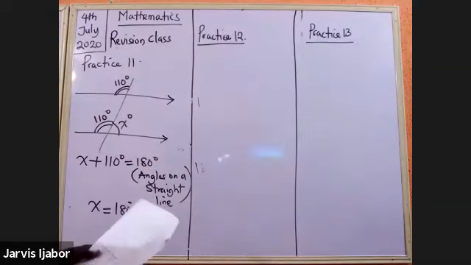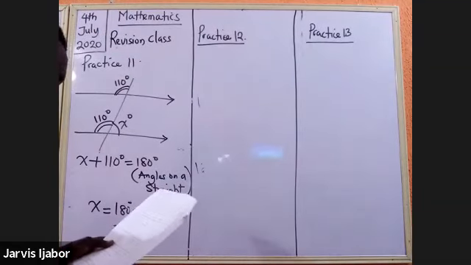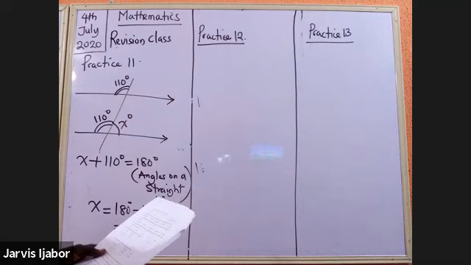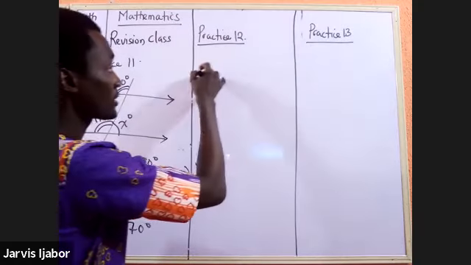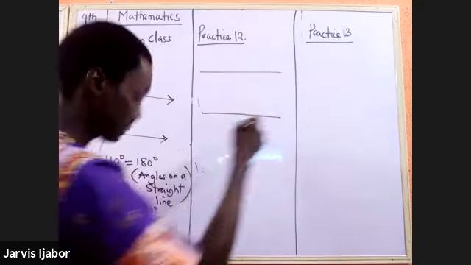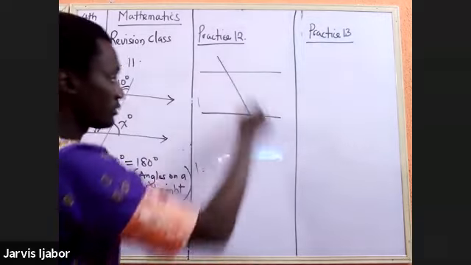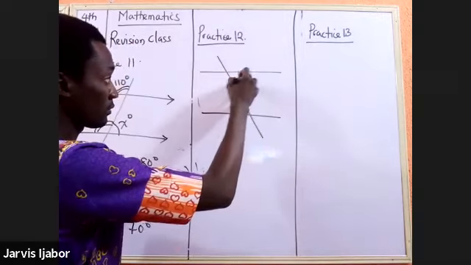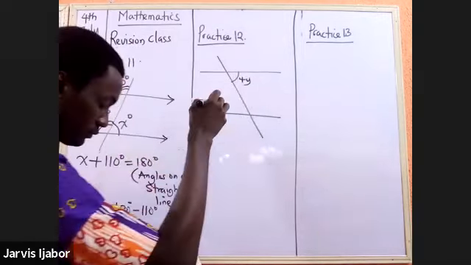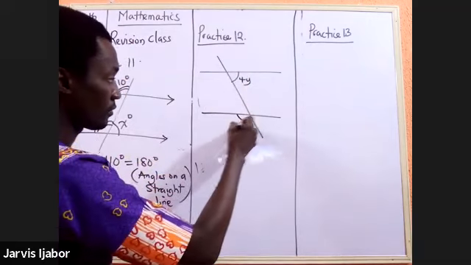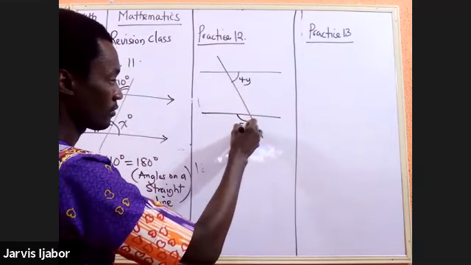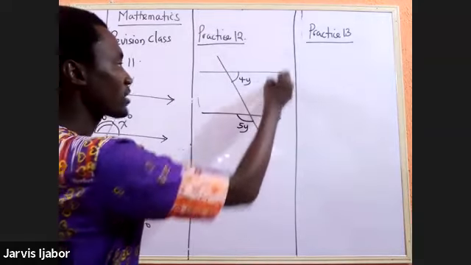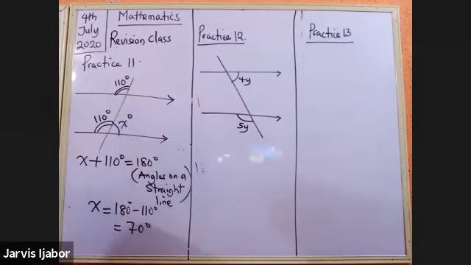Okay, so let's go to practice 12. In that question, we are given this. Look at it. Now, this is another setting of parallel lines.